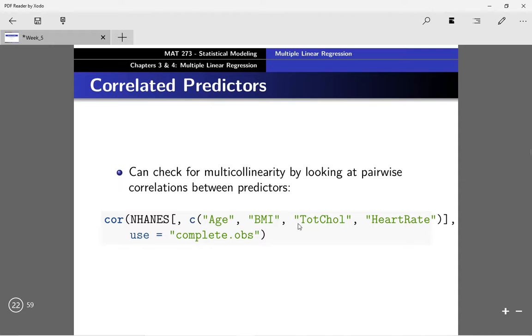And then the second argument here is specifying which columns of the data set I want to look at, encased in this c function, which stands for combine. So I'm asking for the age, BMI, total cholesterol, and heart rate columns from the NHANES dataset. And so the first argument to the cor function is just a whole dataset, where here I subsetted to these 4 columns. And then this next argument, I'm just saying to use only complete observations, essentially ignore missing values. Otherwise, R gives the correlation as being missing if there's any missing values in the whole data set.